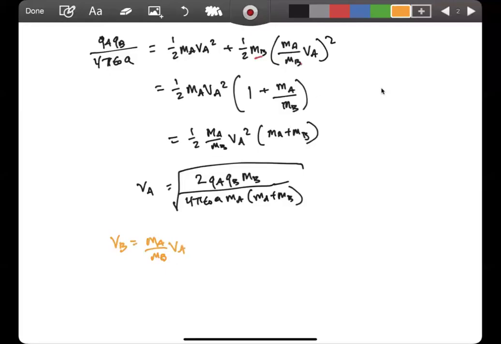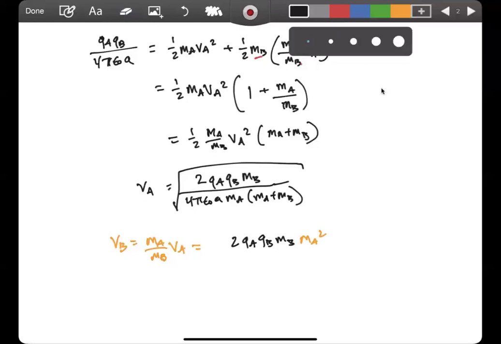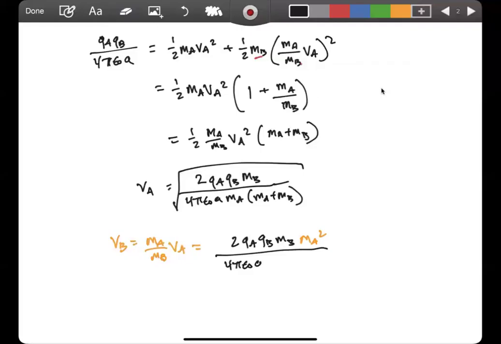So this is going to be equal to 2 QA QB times MB times MA squared, divided by 4 pi epsilon naught A times MA times MB squared, all multiplied by MA plus MB.